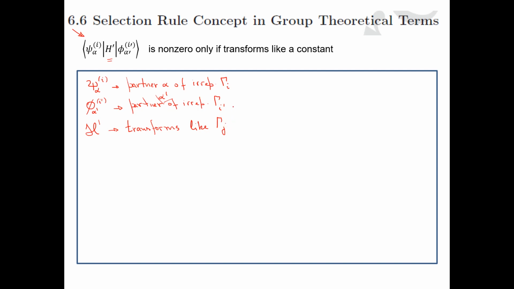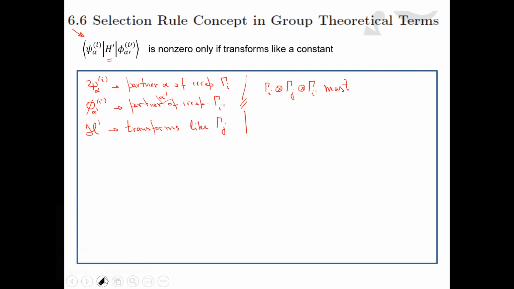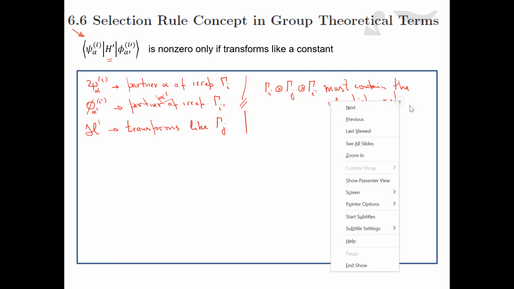So in terms of group theory, the product of these three quantities being transformed like a constant means that when you make the direct product of these three irreducible representations, gamma I, gamma J, and gamma I prime, this must contain the identity representation. The identity representation. Okay.